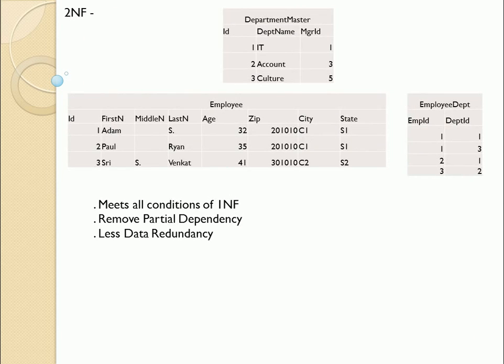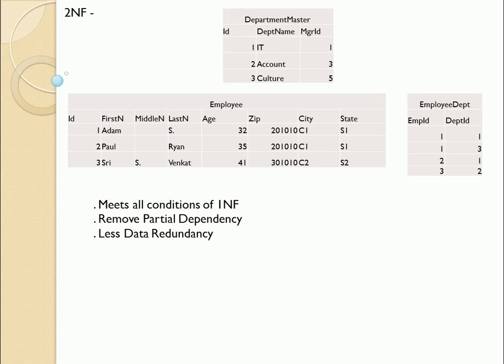This is our example database which we are going to take in this video. This is a database related to employees, and as it is a second normal form database, it meets all the conditions of first normal form, there is no partial dependency, and there is very little data redundancy.